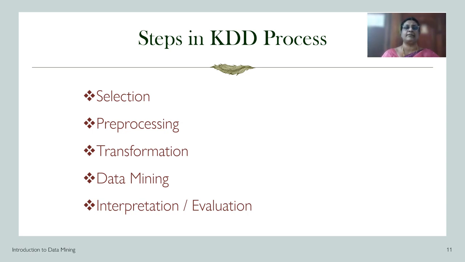Fourth, we apply the data mining algorithm. As a result, we get a model. That model needs to be interpreted. One example is that the model will be like a rule, or it may be like a function, so that unseen data can be applied to get the answer. And this model needs to be evaluated on the known data also.